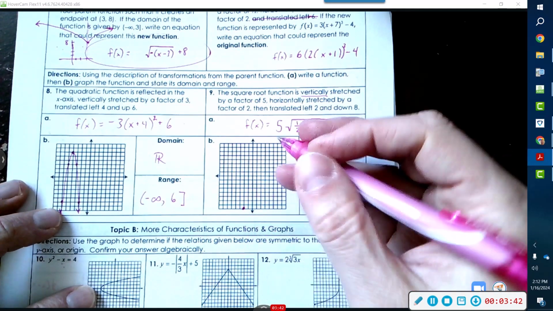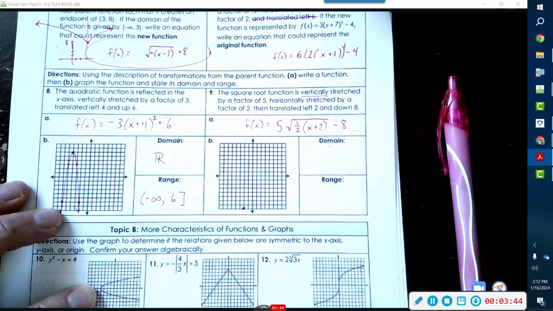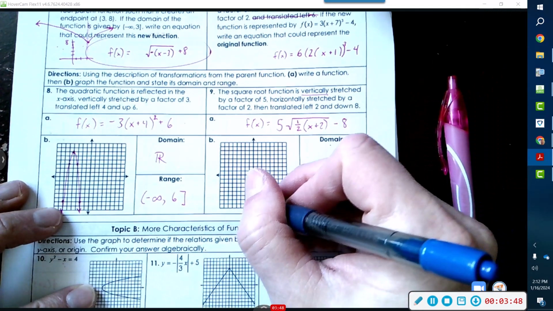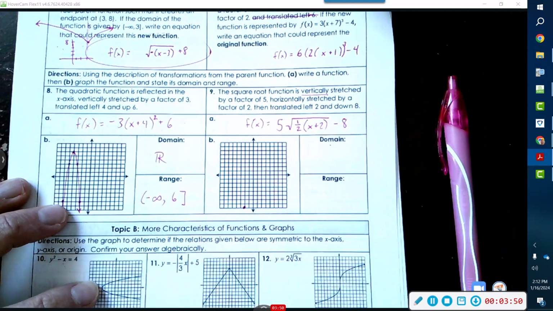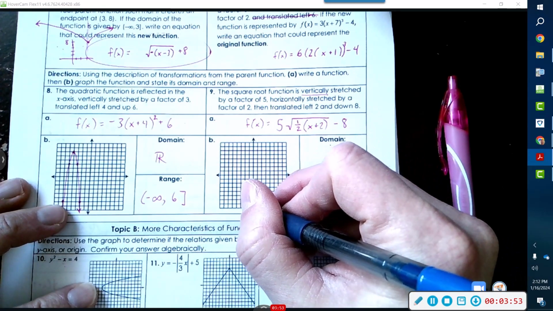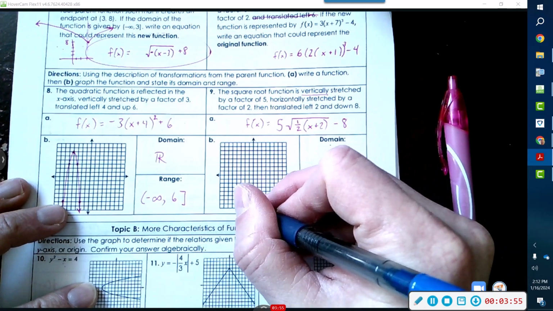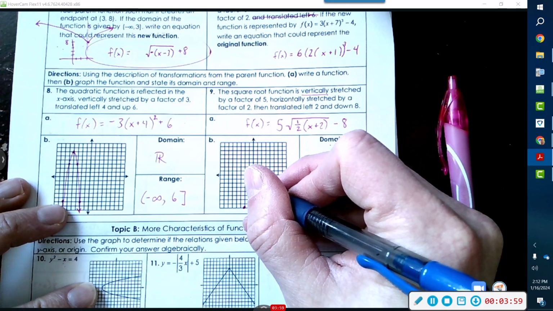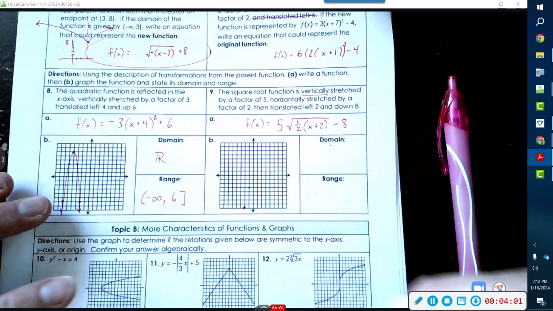In fact, let me make it in red. Now my answer, nope, let's make it a different color. Make it in blue. So what should have happened is that he should have went over 1 and then up 1. But now he's got to go 1, 1, 2, 3, 4, 5. He's right there, okay?